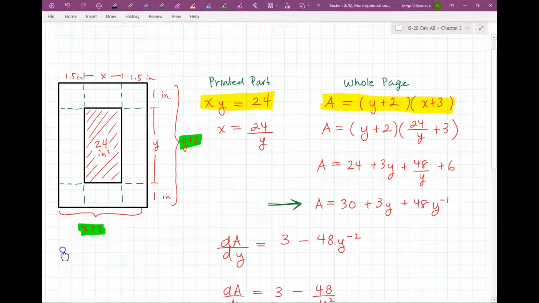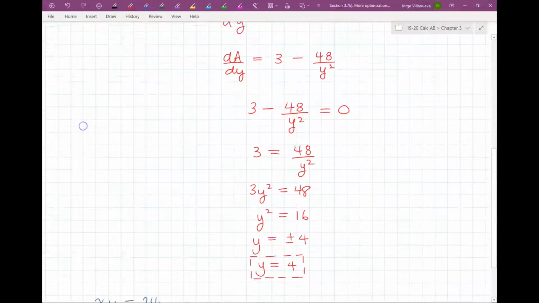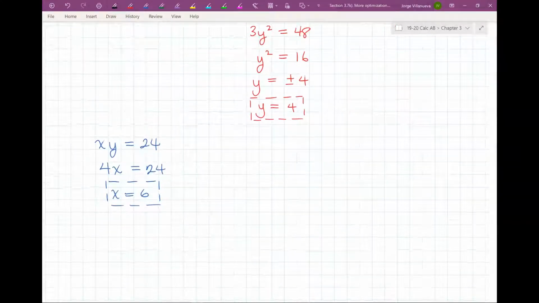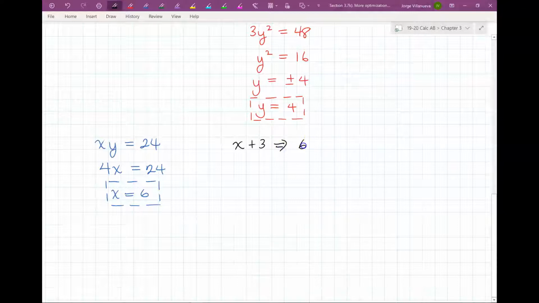So to figure out my lengths, I'm just going to say x plus 3. Well, that's 6 plus 3, so that's 9. So the width of my whole page should be 9 inches. My height should be y plus 2, which is 4 plus 2, which gives me 6 inches.